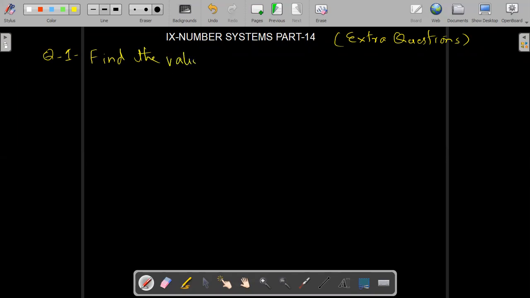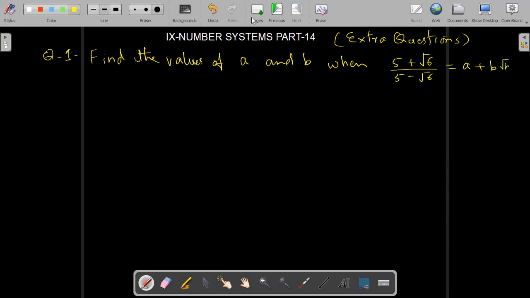Find out the values of a and b when (5 plus root 6) divided by (5 minus root 6) is equal to a plus b root 6.